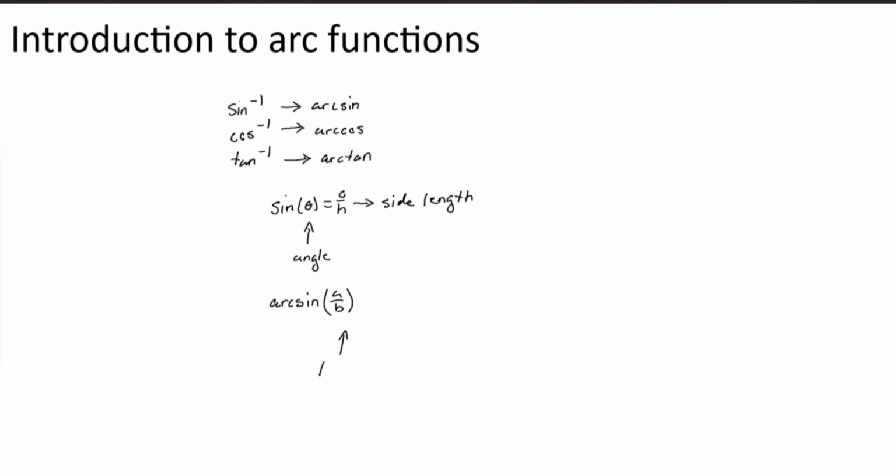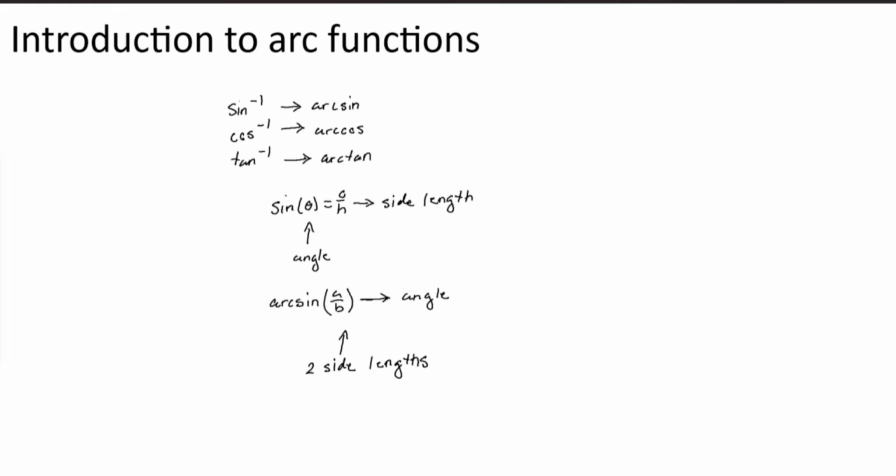You input two side lengths, and your output is an angle, right? So a way to think of it is your standard trig functions like sine, cosine, and tangent input an angle and return a side length. An arc function inputs two side lengths and returns the angle.